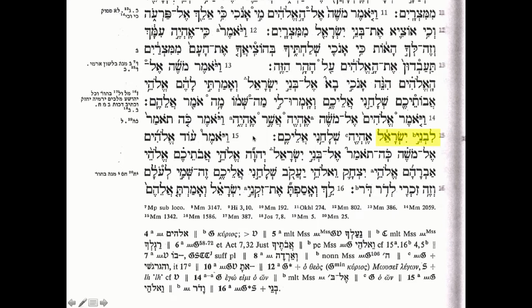And he said, "Thus you will say to the children of Israel, 'I will be' has sent me to you." This phrase right here, if you look, there's a tiny little b. And that b is a footnote marker.